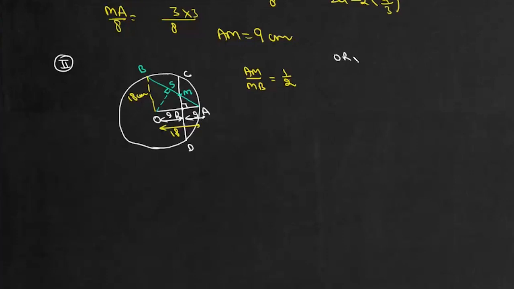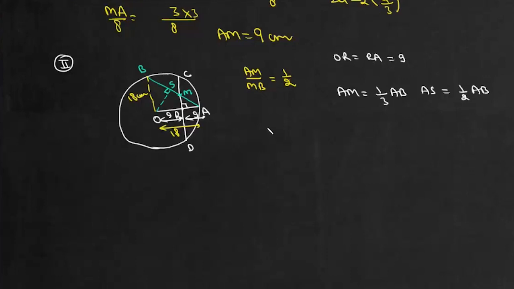So OR equals RA and it is equal to 9 and AM is to MB is 1 is to 2. That means this AM is 1/3 AB and AS is 1 by 2 AB since it is perpendicular from the center.